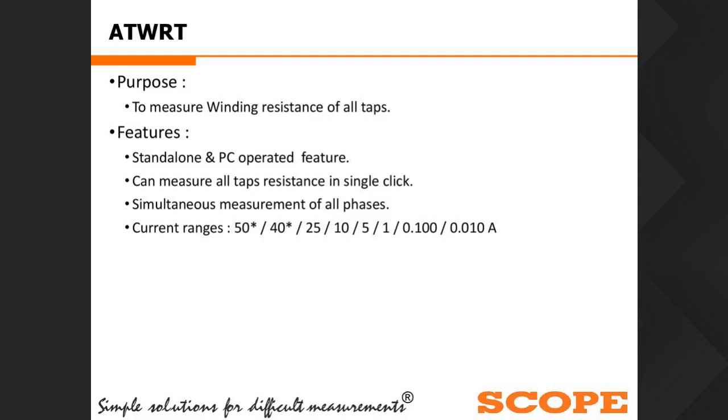That is a very time-consuming test that we have automated. The user only needs to connect all the test leads from the instrument to the transformer, and the OLTC control cable from the instrument to the transformer OLTC control box, and the instrument is able to do the winding resistance of all the taps in a single click.